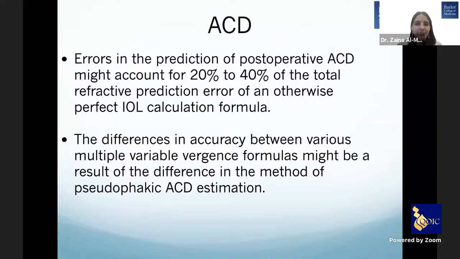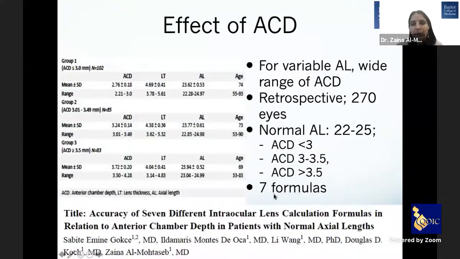One point I wanted to add is, I truly believe it's really the effective lens position that's the error, the part that we really can't calculate. And so errors in the prediction of the post-op ACD might account for much more, like 20 to 40% of the total refractive prediction error, even if the IOL calculation formula is perfect. And the difference in accuracy between formulas might be a result of the difference in how they estimate their pseudophakic anterior chamber depth.